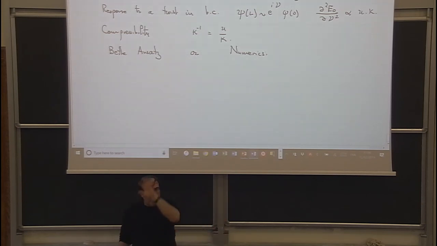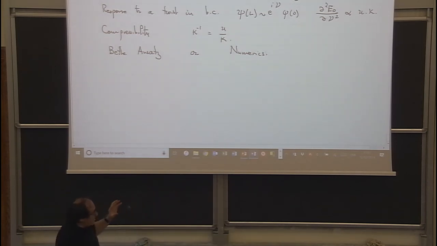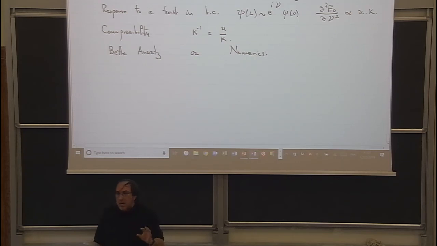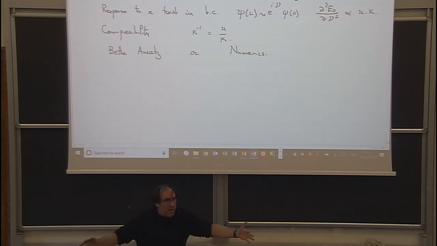So that's what I meant when I showed this diagram, which was to say that you make the methods work where they are strong. If you want short distance or exact answer, Bethe ansatz or numerics. If you want to address very large distance, complicated correlation functions, finite temperature, which we have not seen, but we will see is directly solvable.